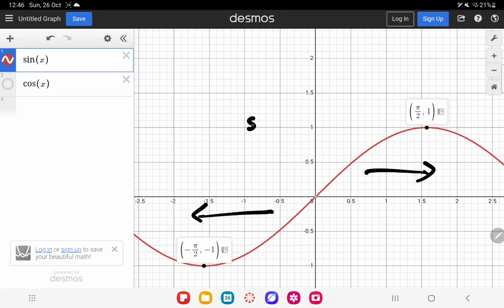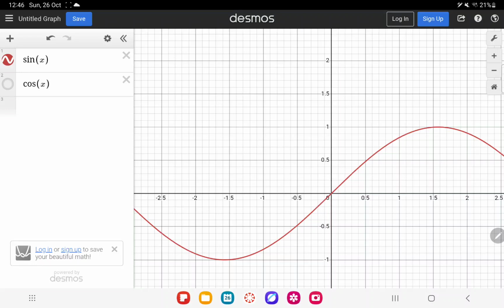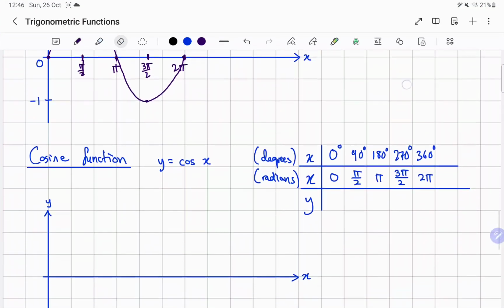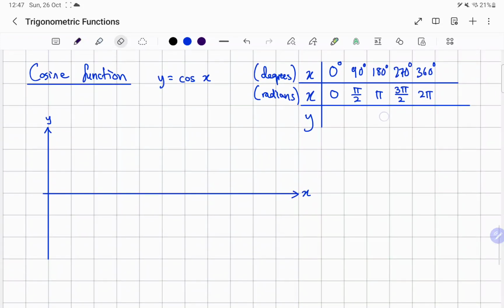This tells you that sine of negative x equals negative sine x, meaning all the sines to the right of the y-axis will be the reflection of the sines on the left of the y-axis. So that's pretty much what you need to know for the sine graphs. Okay, let's look at cosine.